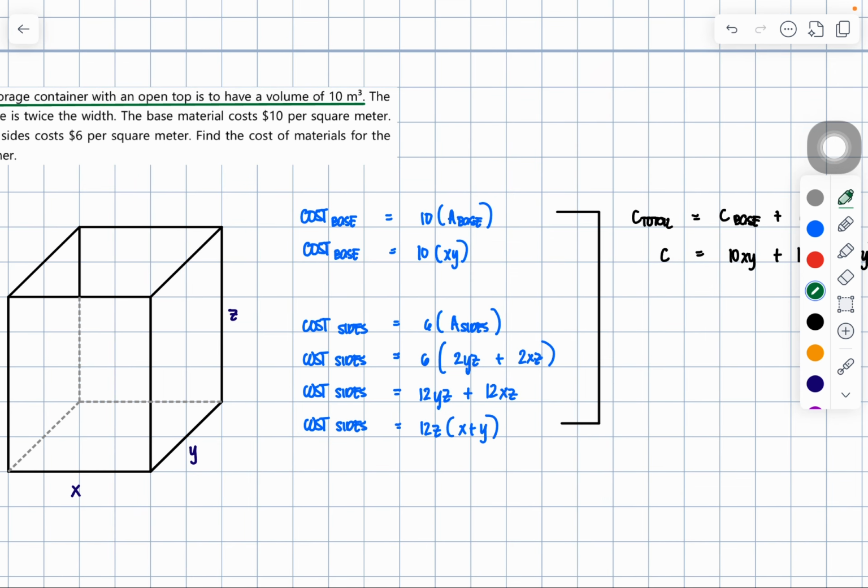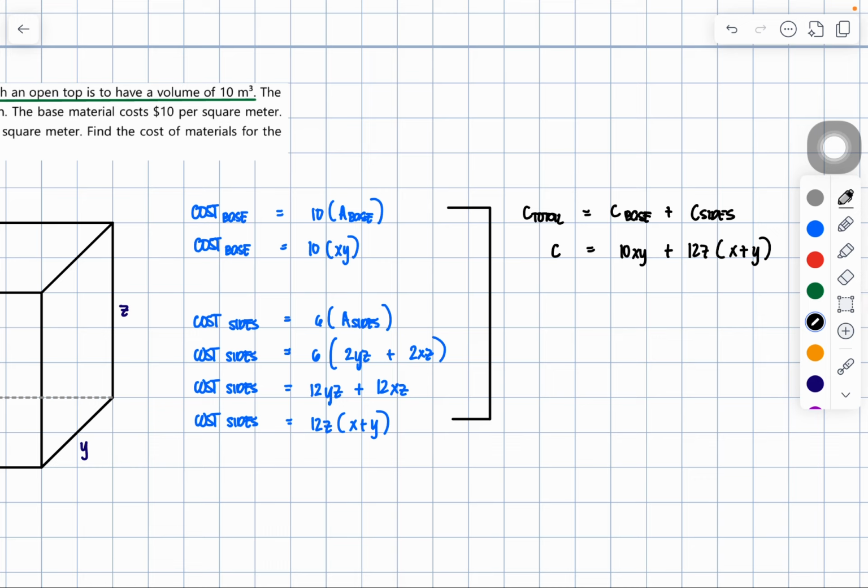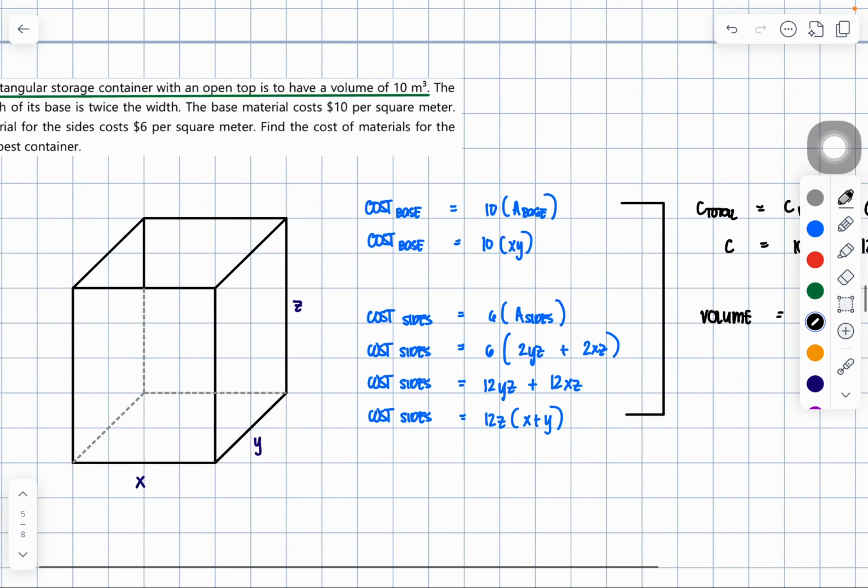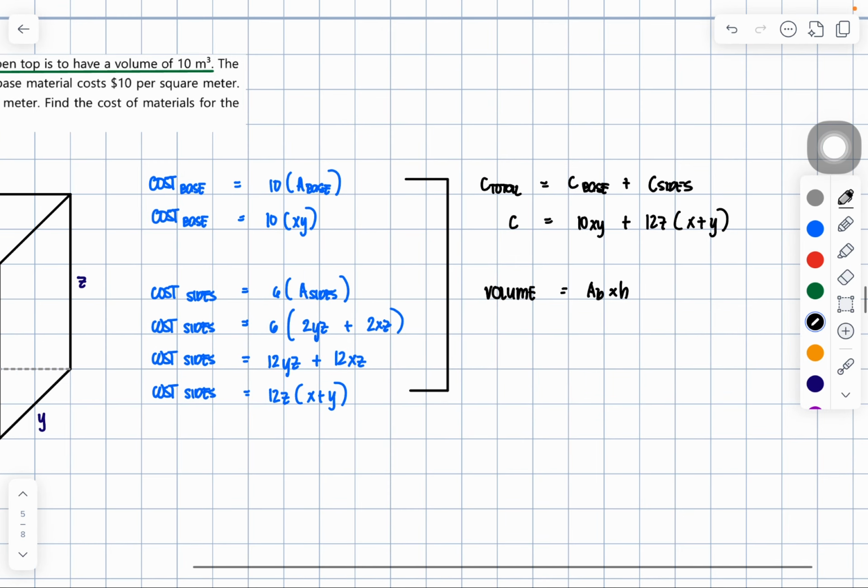As we all know, the volume of the box is simply area of the base times height. Since we have a rectangular base here, ang area of the base mo, that would be xy, ang height mo, z. Take note, this is 10 cubic meters. Okay? That is the first condition.